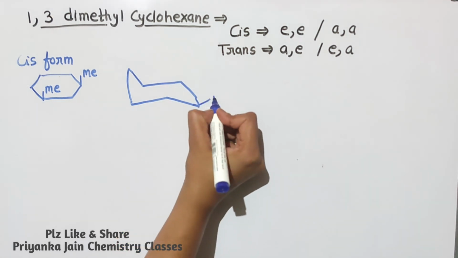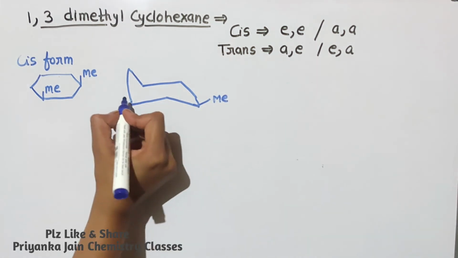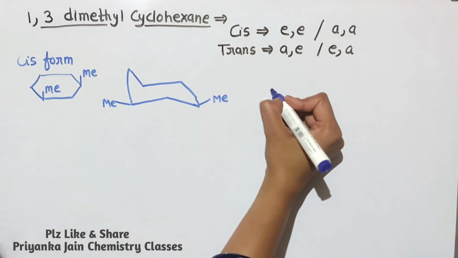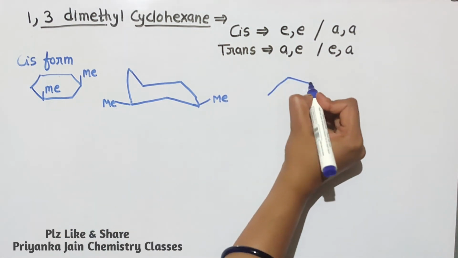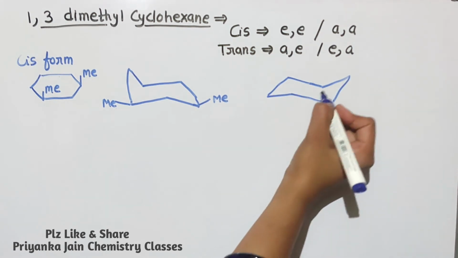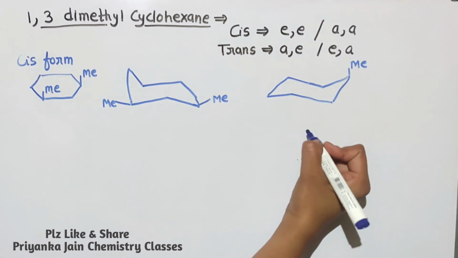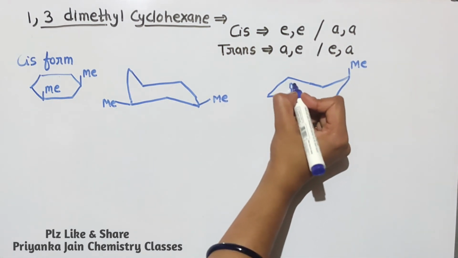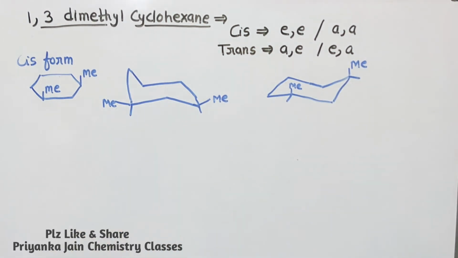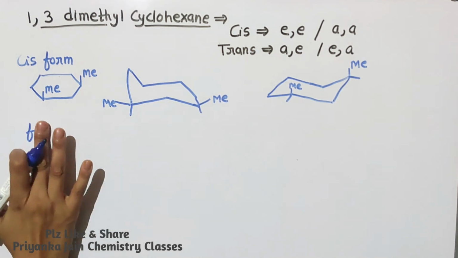At 1 position, if the methyl group is present here, then at this 3 position the methyl will be equatorial, both are equatorial. Okay, and if we are making it in the other form, then if the methyl group is present at this position axial, then here this will also be axial. Okay, in this manner, right?